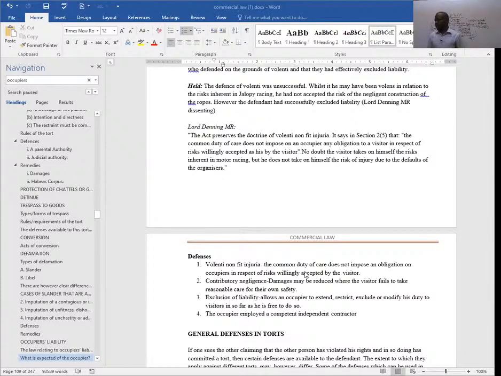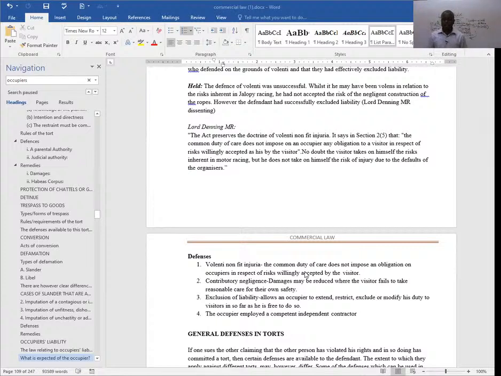Another defense is that the occupier employed a competent independent contractor. So this is what we're talking about. That engineer who built the pillars in the supermarket was a qualified engineer. So the supermarket expected that this qualified engineer would build very firm pillars, so there's no way they could fall on a customer.